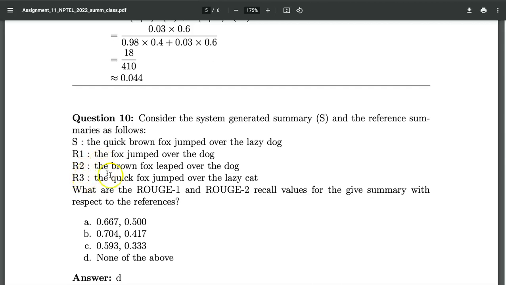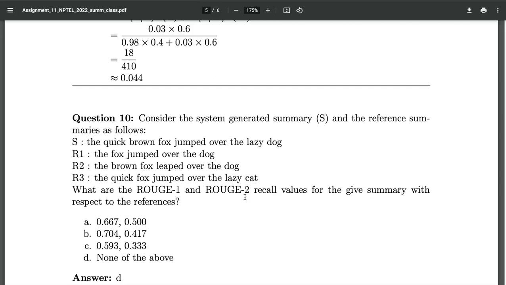R1, R2, R3 are the reference summaries, and S is the summary that the system generated, and you need to compare it with the reference summaries. For this, ROUGE scores are used. ROUGE-1 represents the unigram intersection between the generated summary and the reference summary, and similarly ROUGE-2 is the bigram commonality between the system summary and the reference summary.